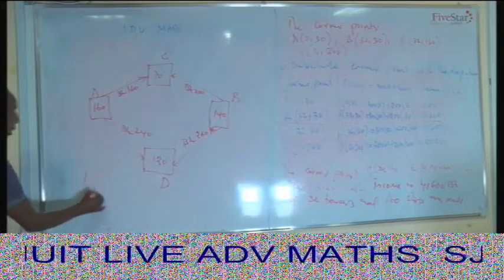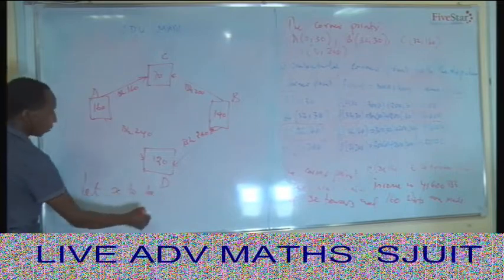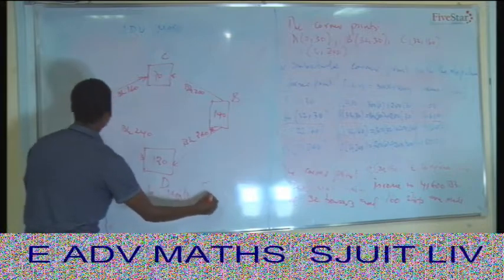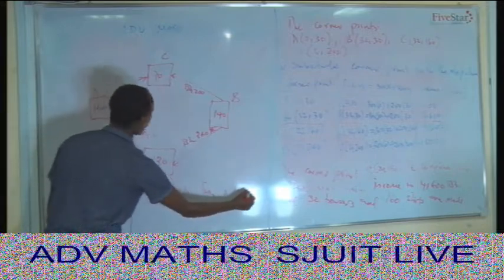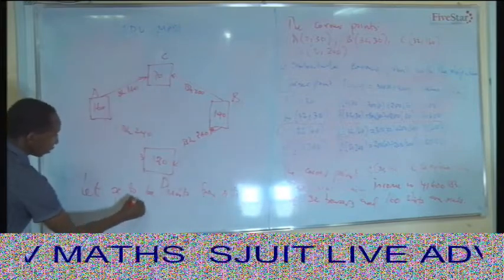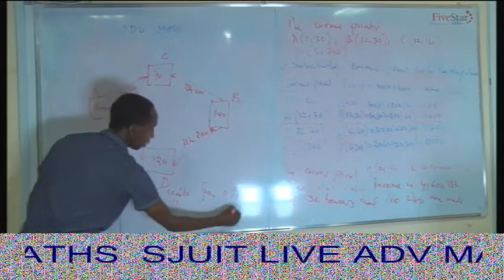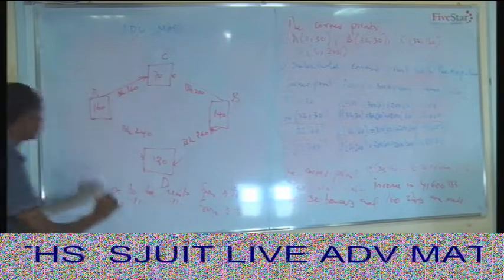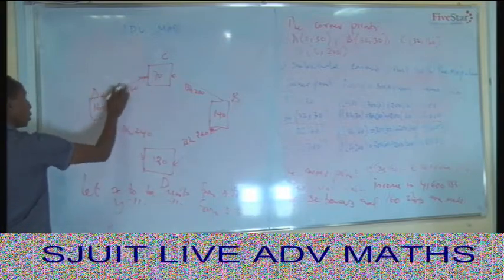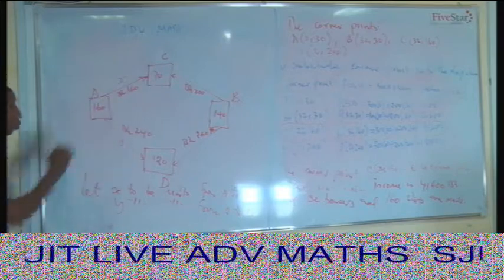So let's say x is the unit transported from A to C, and the unit from A to D, just call it y.